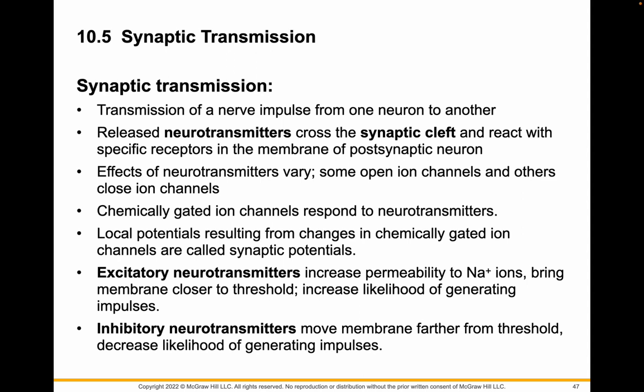But there are two major types of neurotransmitters: excitatory, which increase the permeability of sodium, which increases the likelihood of generating an action potential, and inhibitory neurotransmitters, and they actually make the neuron polarity inside more negative, away from threshold.